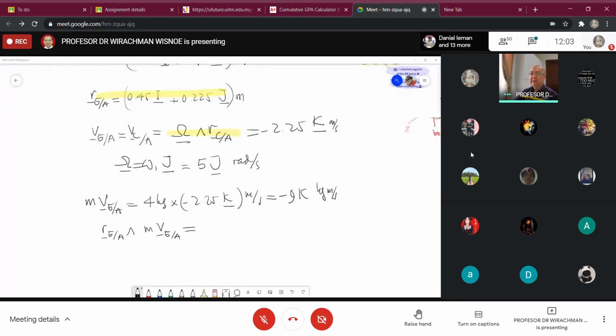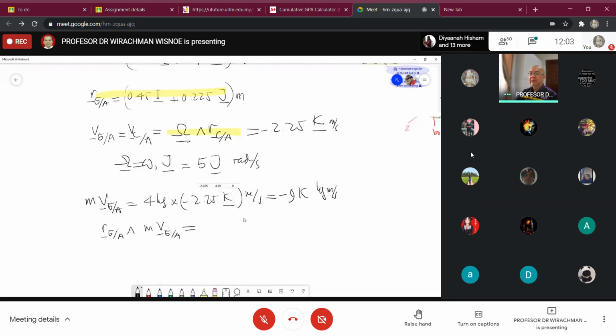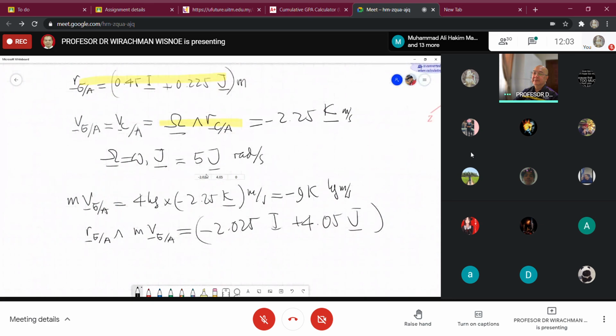Negative 2.025I plus 4.05J, I will show you here. Yes. So with that, you have all the components to calculate HA.